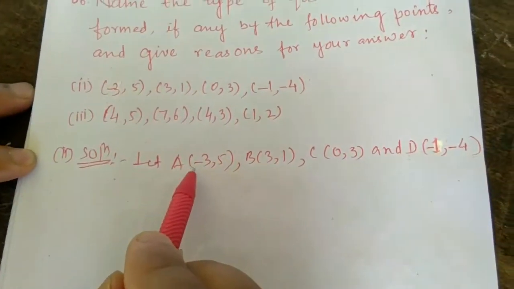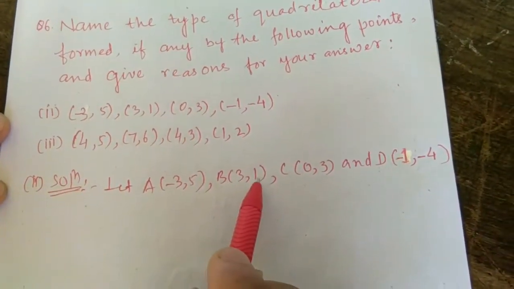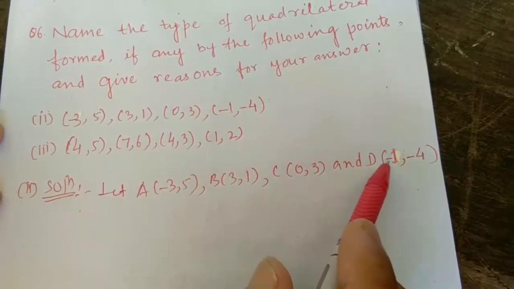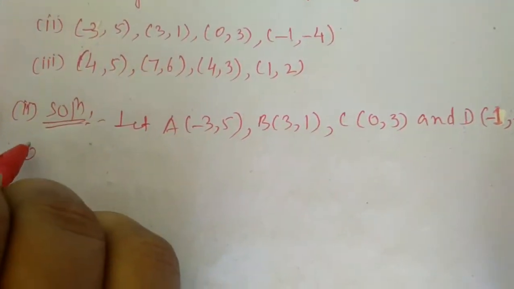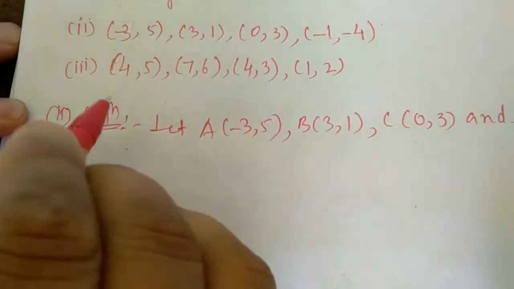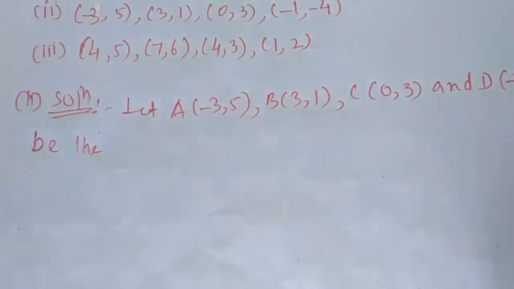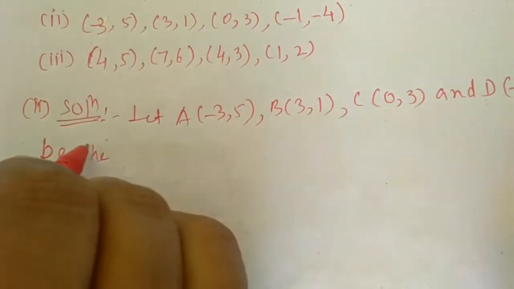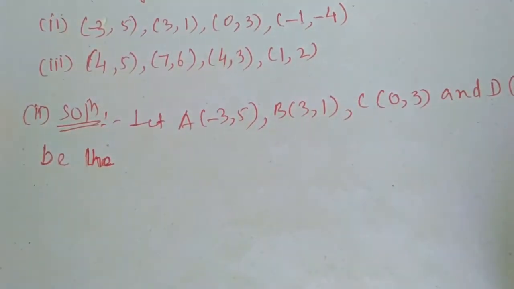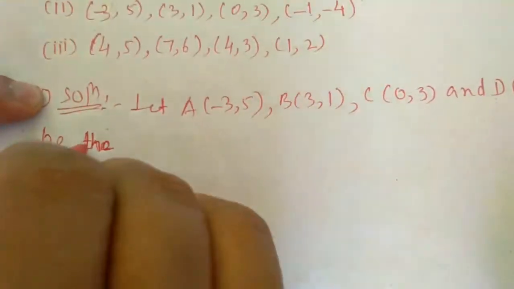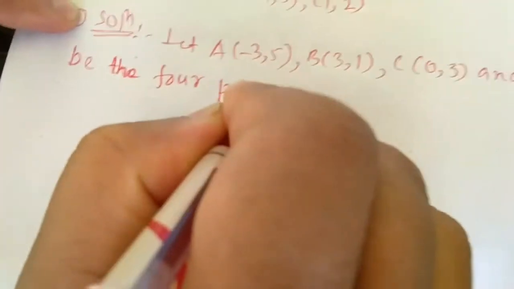Let A be minus 3 comma 5, B 3 comma 1, C 0 comma 3 and D minus 1 comma minus 4. Okay, the four points.